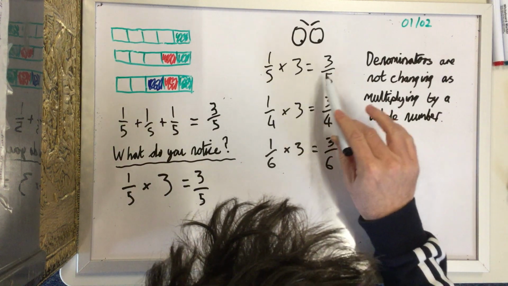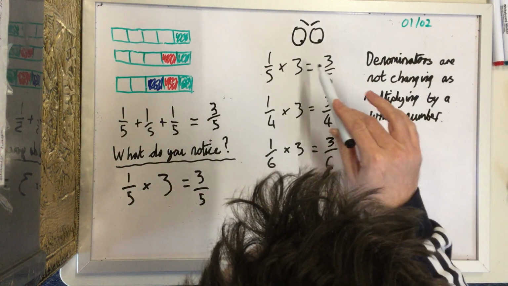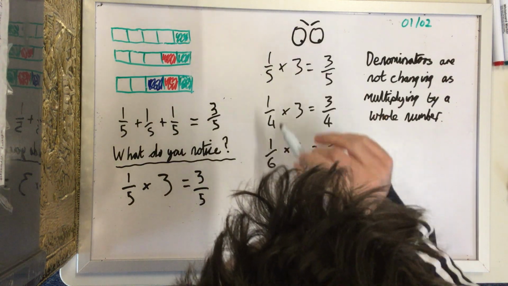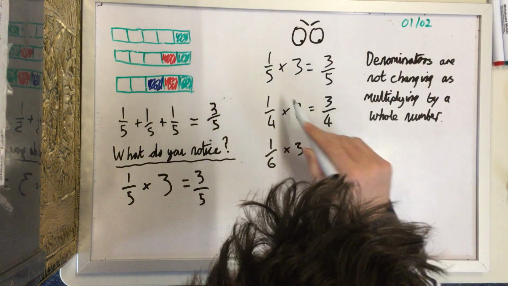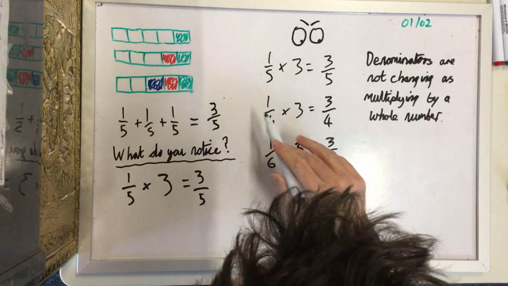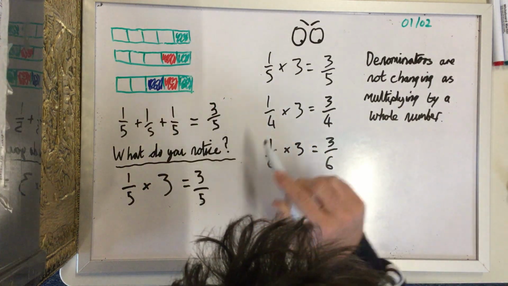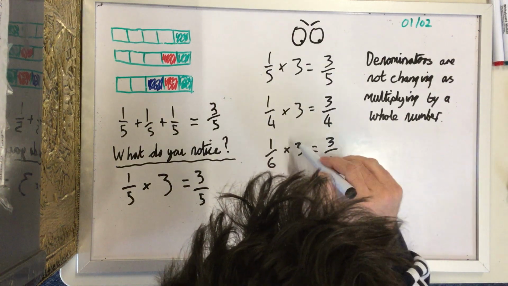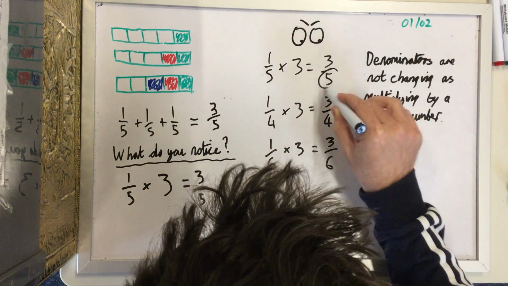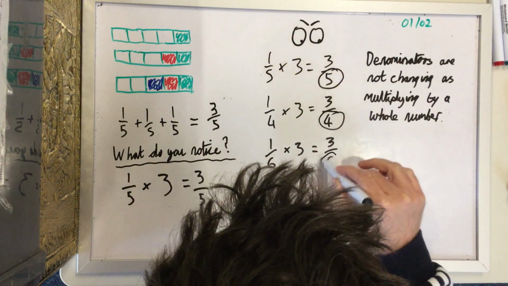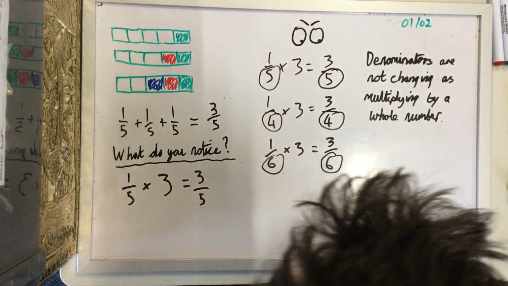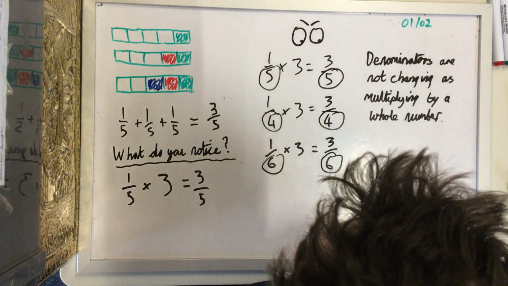Your denominator is still fifths, but it's the numerator you are multiplying, so just the top part. And 1 times 3 is 3, so that gives us 3/5, as you can see on that image. And then 1/4, but 1 times 3 is 3, and it's 3/4. Okay, so these denominators are not changing, which is obviously very nice for us to work with.